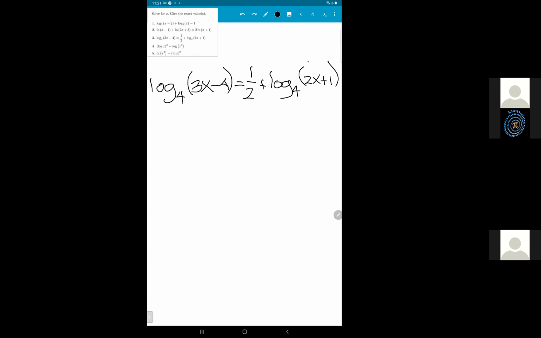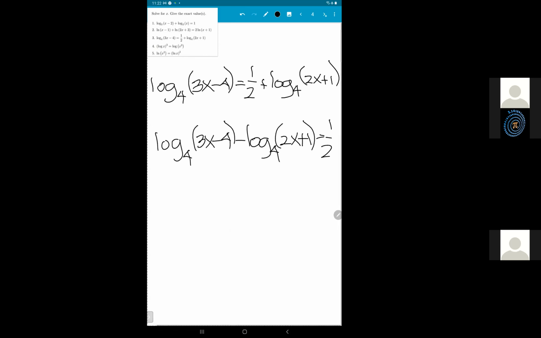So we will transpose this one to the left-hand side so that all logarithms will be on that side. And then write that side as a single logarithm.